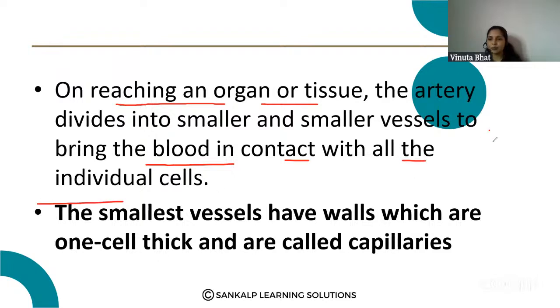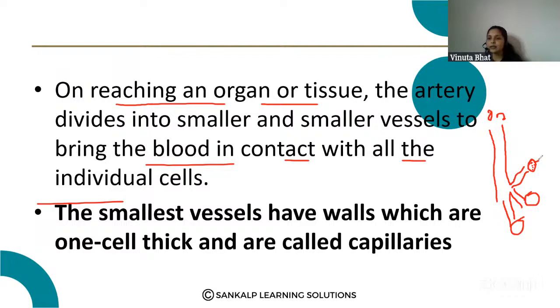So for example, this is the artery, which is carrying the oxygenated blood. When it reaches the particular cell, it will divide into smaller and smaller blood vessels, and that is called capillary. Here there is a cell which receives the oxygenated blood through the capillary. Inside the cell, respiration takes place, and breakdown of the glucose takes place, and the carbon dioxide is released.